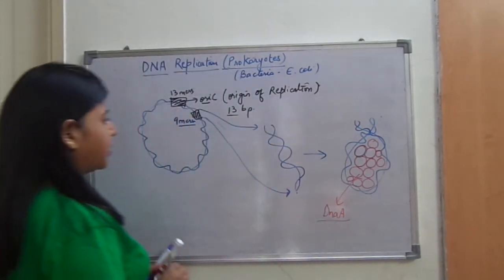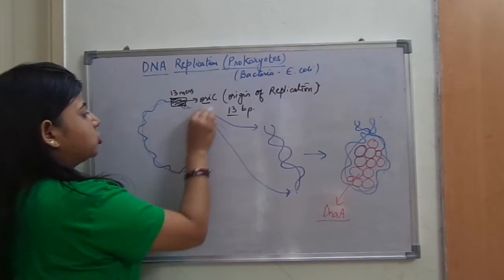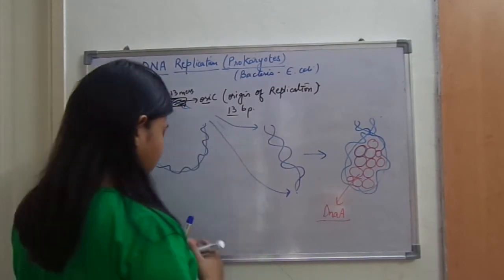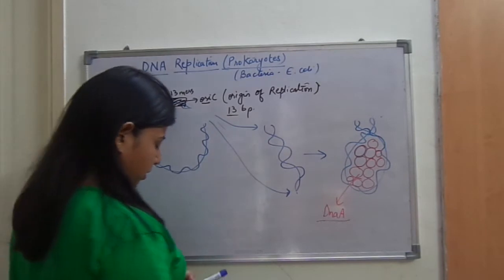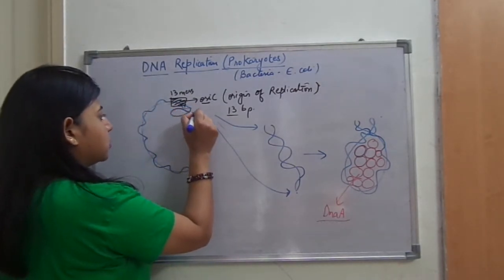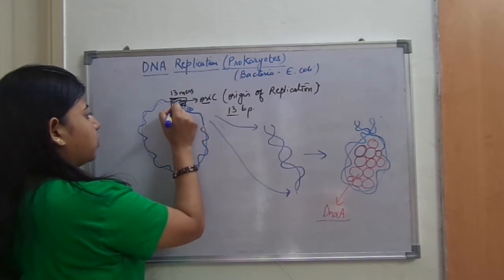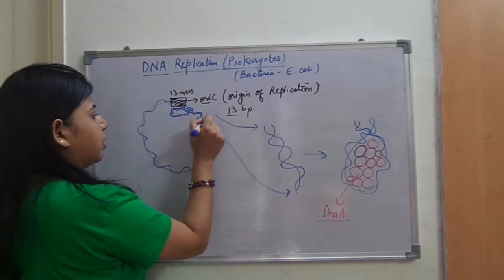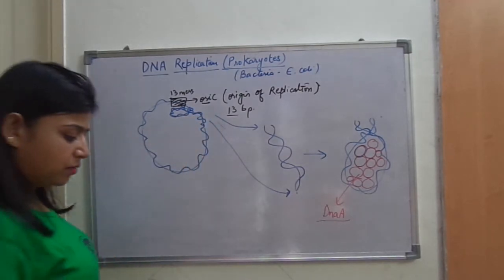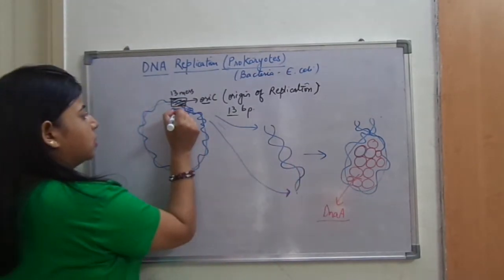So when these 9 mers bind over themselves, if I change the diagram slightly, after binding over itself, this 9 mer region comes to be located in this position. So it will become like this, right? With DNA A protein that I have drawn over here coming in between.